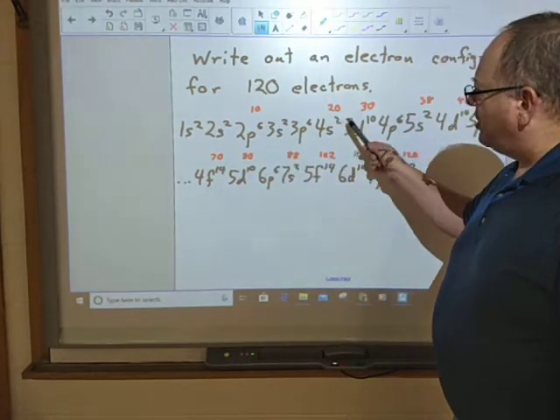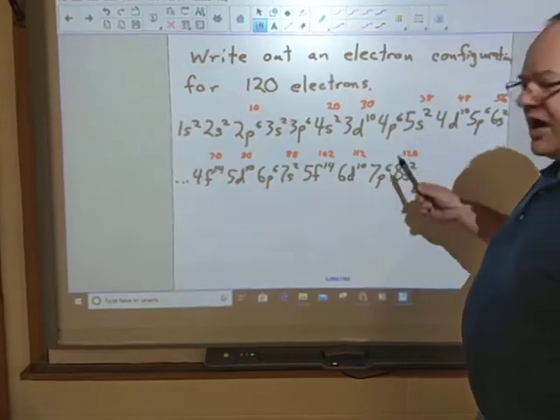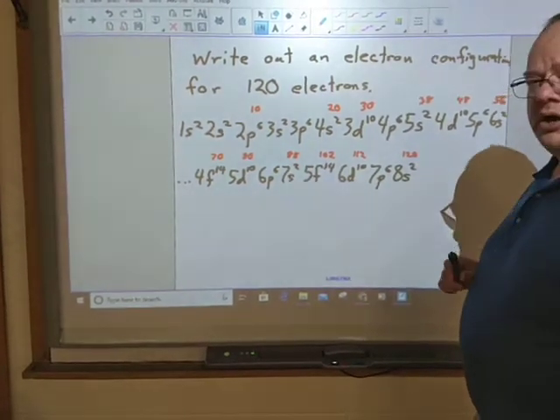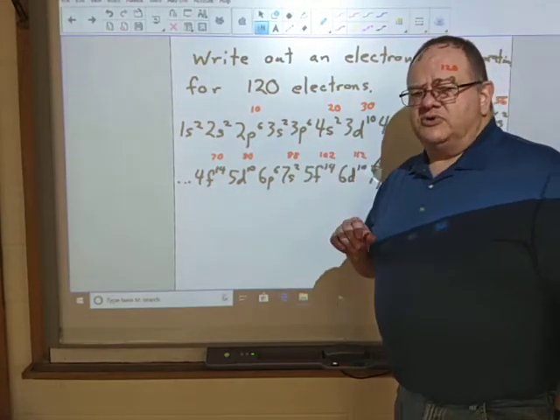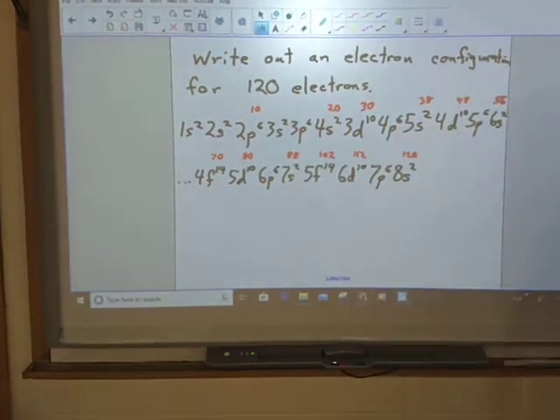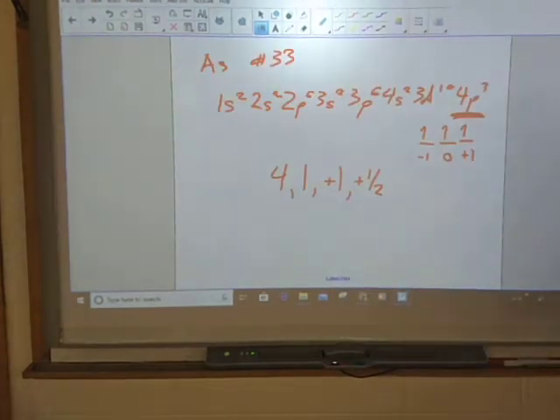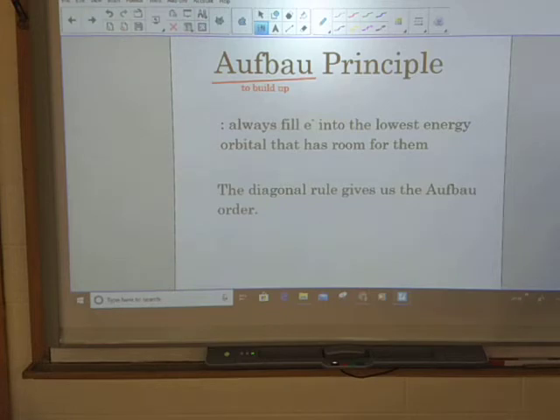At this point I'm up to 20, 30, 38, 48, and just trying to keep track that I'm up to right here 120 electrons. And that's actually useful to write in a few of those numbers too when you're giving yourself a tool to use. Skip over a couple of these pages.